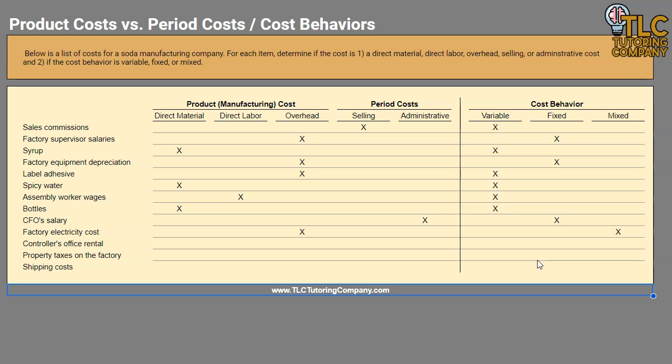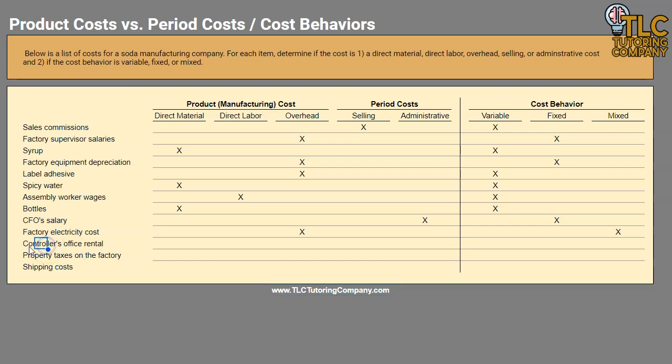So we're going to have to keep the lights on. That's your base, and that's the fixed portion. However, as we produce more, we're going to be using more energy. And as we use that additional electricity, that's going to have a variable component on top of that fixed component. So the majority of textbooks will consider electricity a mixed cost.